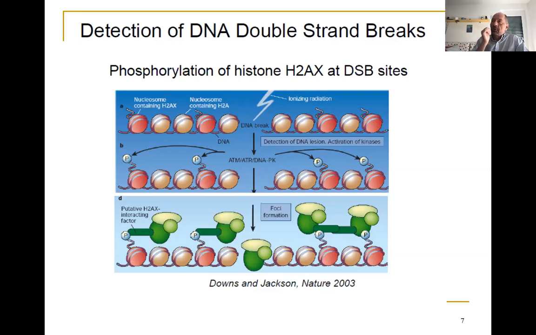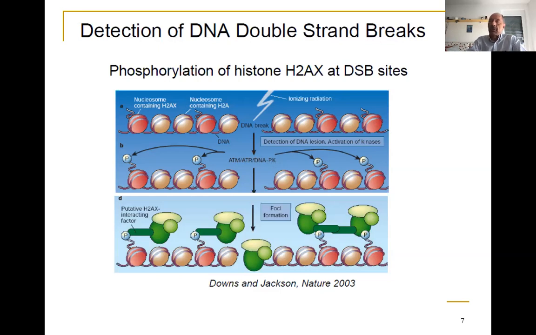It's a gene that was discovered in patients with ataxia telangiectasia, who are very radiosensitive because they are missing ATM. In fact, ATM is a sort of guardian, and ATR is similar to ATM but works in S and G2 phase. ATM works mostly in G1 phase. And DNA-PK, the DNA protein kinase, is downstream of ATM.